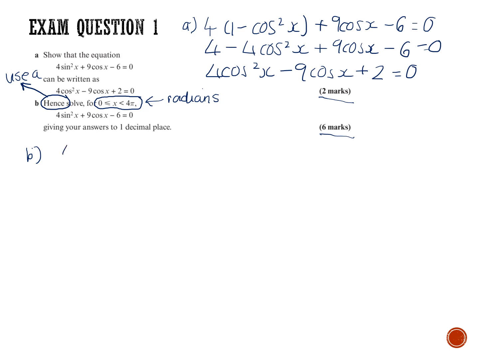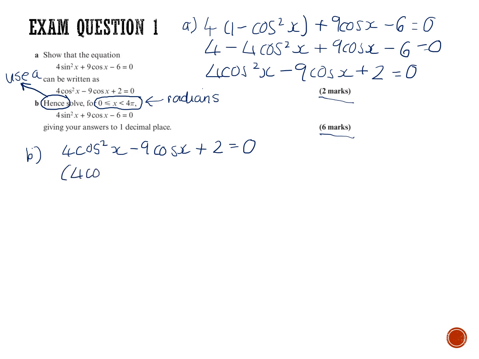So the first thing I'm going to write down, okay, is that equation is exactly equivalent to the one that I rewrote in part A. So we know from part A that the equation is equivalent to solving that. Okay. Now, when you've got quadratics, the majority of the time they will factorise.